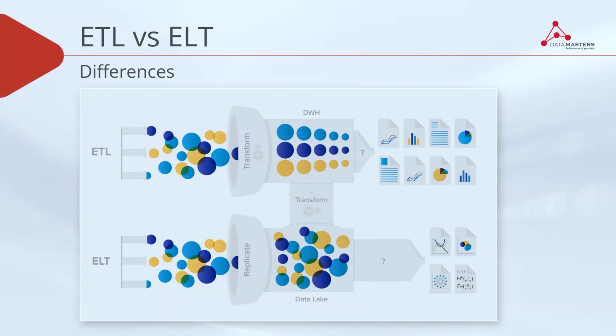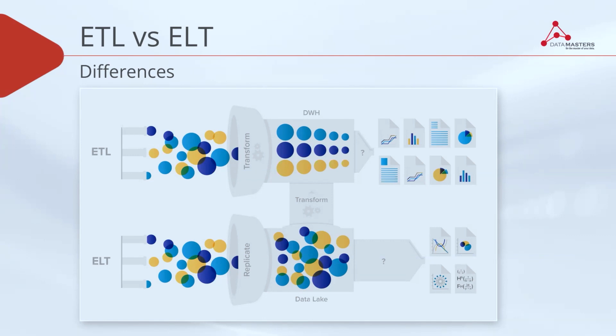This is usually done on some powerful server, or if it's on the cloud, on a very powerful virtual machine, and later on it is transformed and sent to what we call a data warehouse. A data warehouse is basically a term for storing processed data.